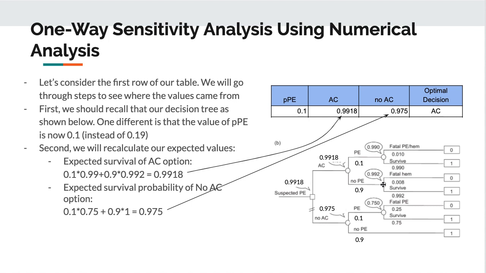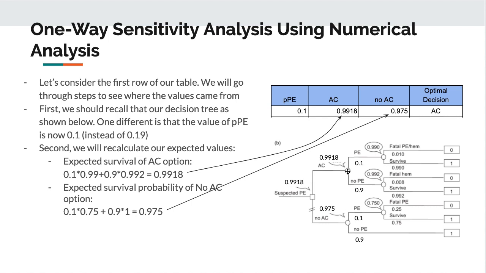Similarly, the expected value of this one equals 0 times 0.008 plus 0.992 times 1, so we end up with the expected value 0.992. So we have the two expected values right here. We have the probability of PE equals 0.1 and no PE 0.9.